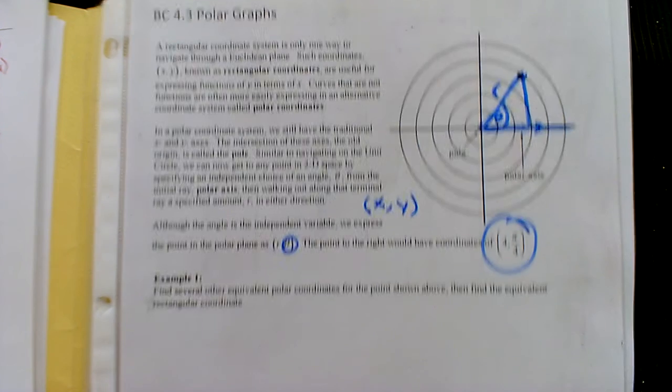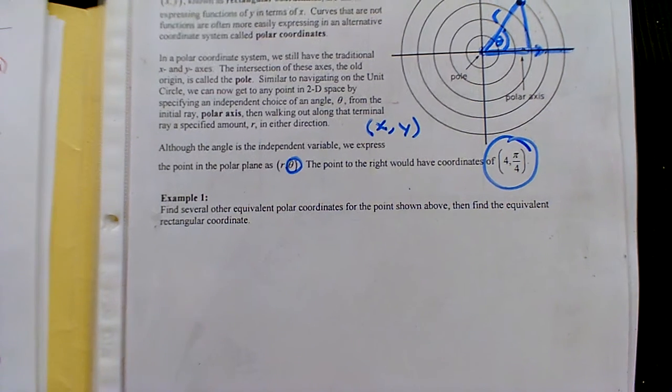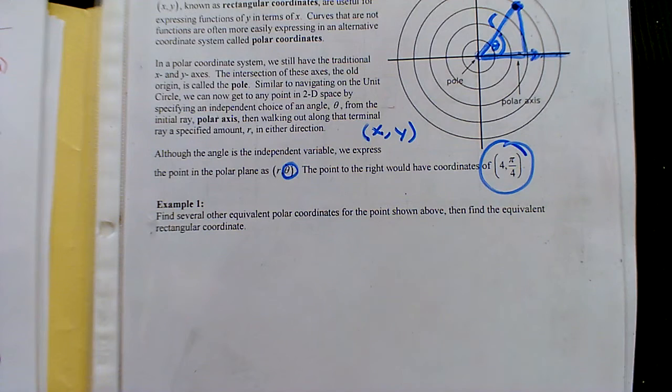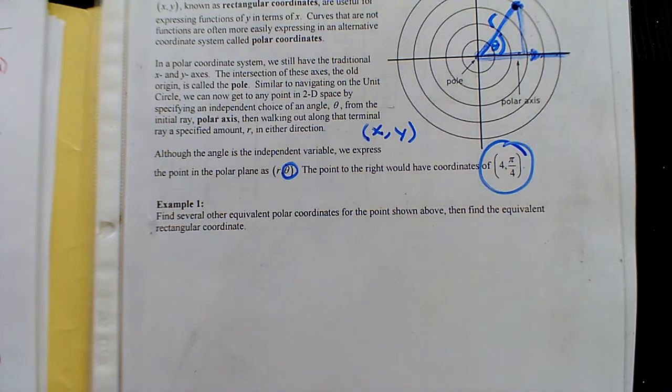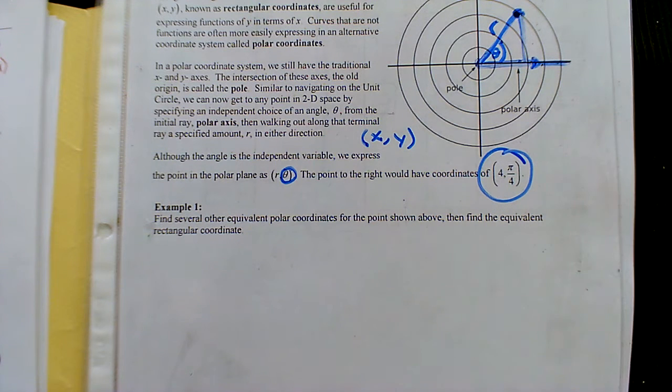All right. Now, what we can do is perhaps figure out some equivalent ordered pairs that would get us to this point. In a rectangular system, you only have one x and one y. But in a polar system, you might have more than one angle or more than one radius that would make sense. For instance, if I start here, remember my goal is to get over there, what if I rotated negatively?